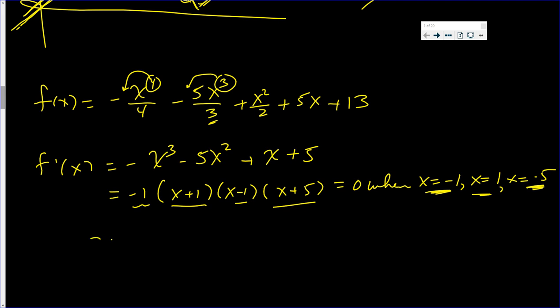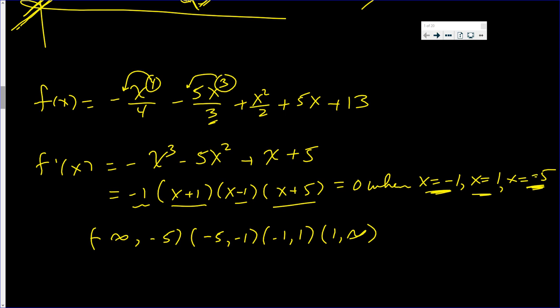So in terms of the table, you go from negative infinity to negative 5. Then you go from negative 5 to negative 1. Then you go from negative 1 to 1. And then you go from 1 to infinity.